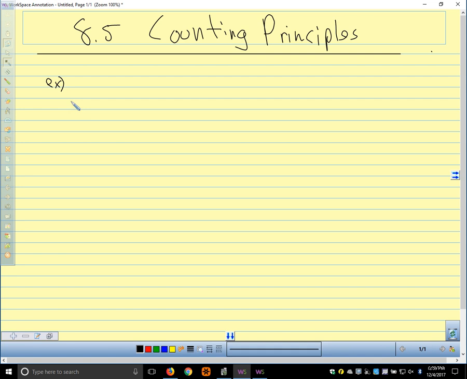I want to start with an example. What we're talking about is counting things that can be difficult to just write down and count one by one.